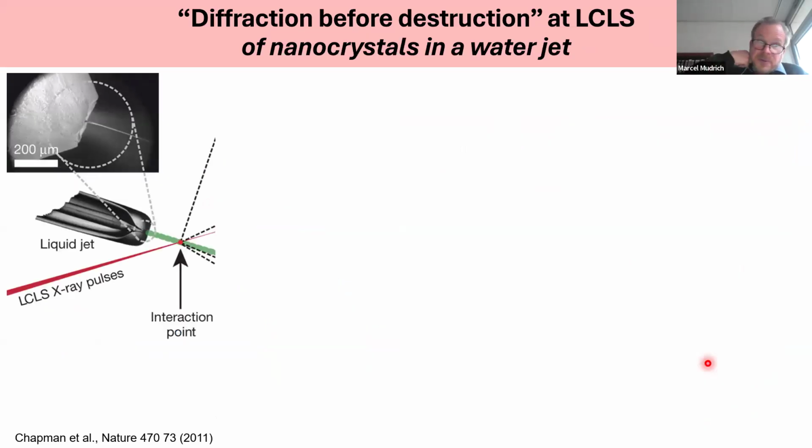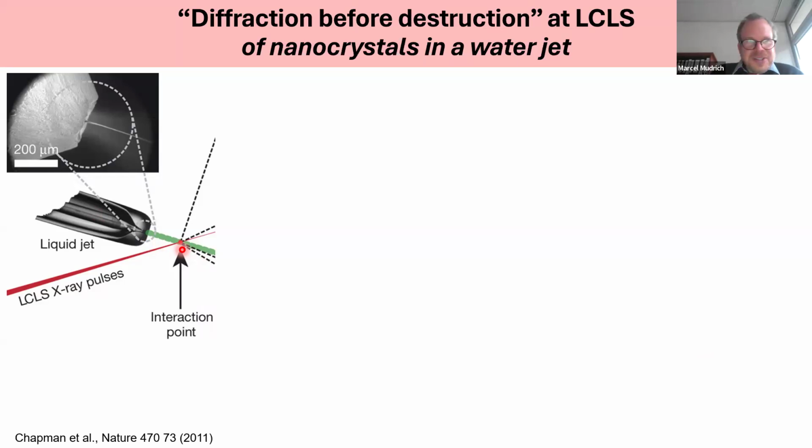Just to give you a few more examples of this femtosecond single shot X-ray diffraction imaging. Another way of delivering renewable targets, in particular targets that are a bit more interesting than just helium nanodroplets, because helium nanodroplets you don't find too often in nature.